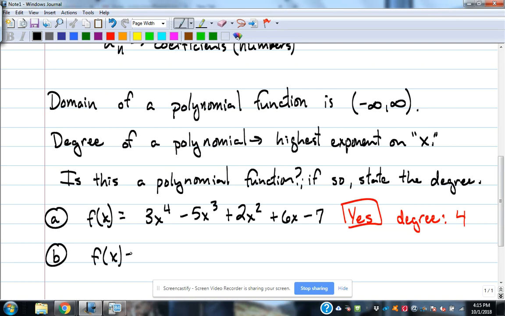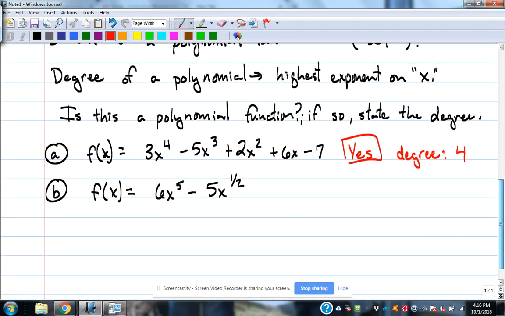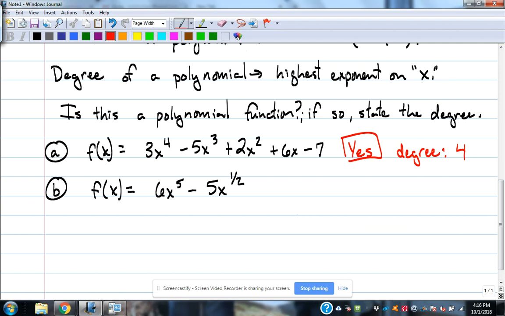Now this one, f of x is equal to 6x to the fifth minus 5x to the 1/2. Is that a polynomial function? No. Exponents on the variable have to be integers only. I see a 1/2. That's not an integer. Integers are not fractions.